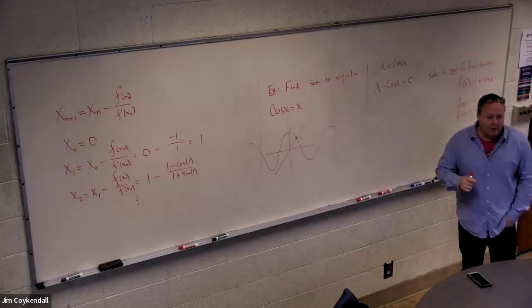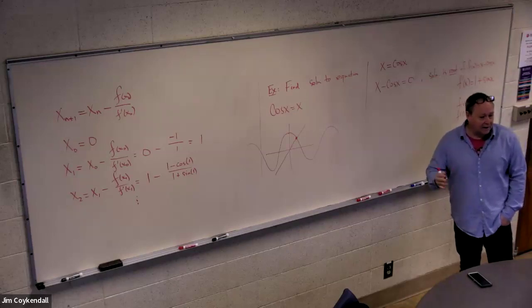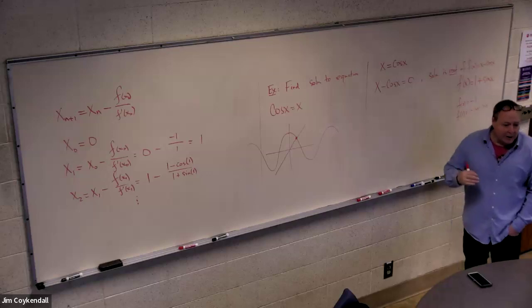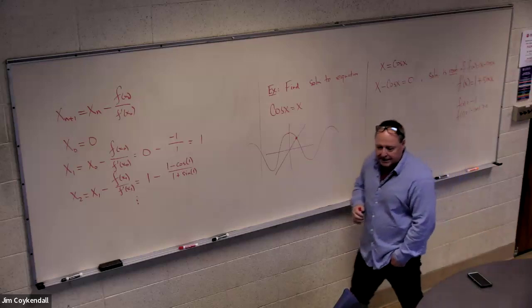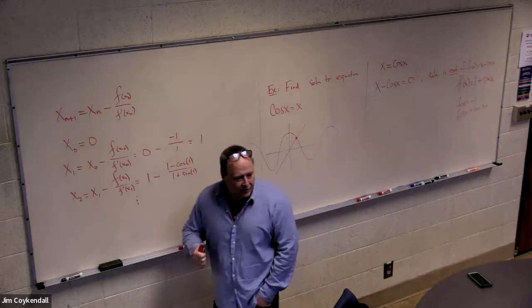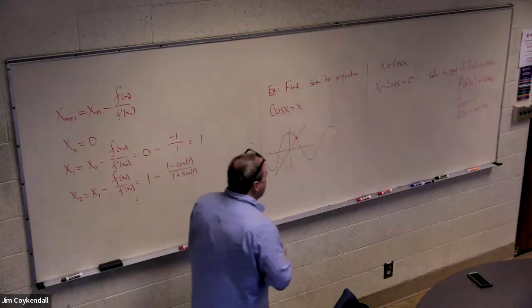I want you to be able to tell me whether the approximation is going to be too small or too large. That's to do with concavity and curvature. If you remember it comes from tangent lines, I think that's going to help you out. Does anybody have any questions? Okay.